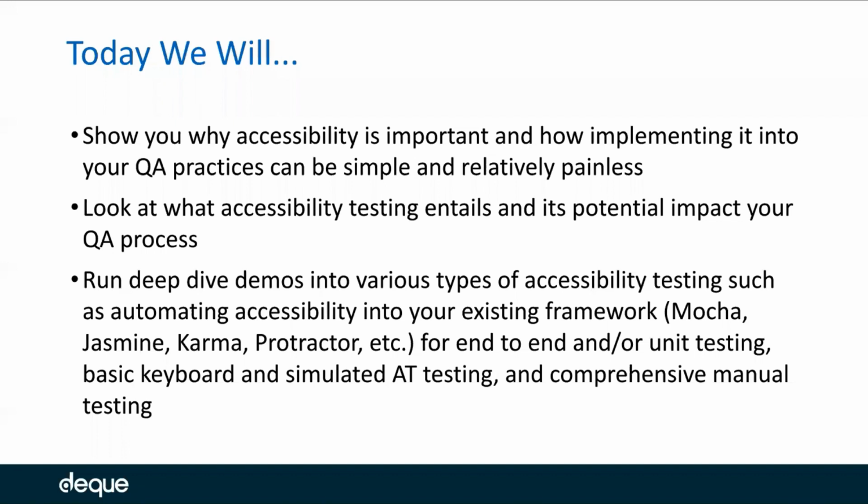So in terms of what accessibility testing entails and its potential impact on the QA process, it's less about why we do accessibility in QA, more about how we do accessibility in QA. We're going to talk a little bit about automation. How do we leverage automation?